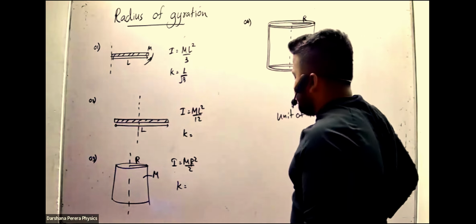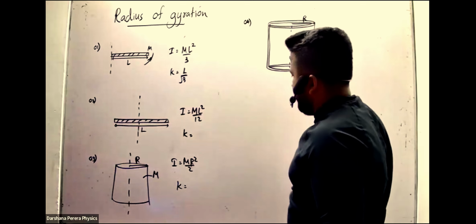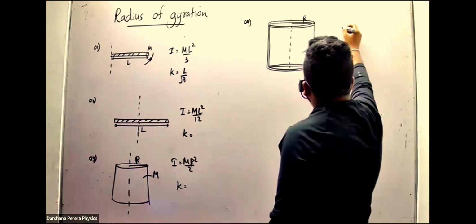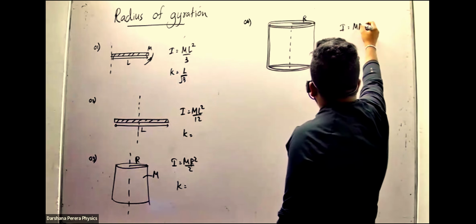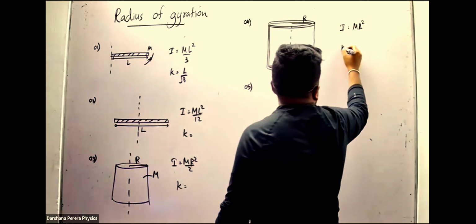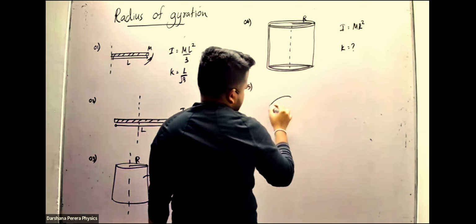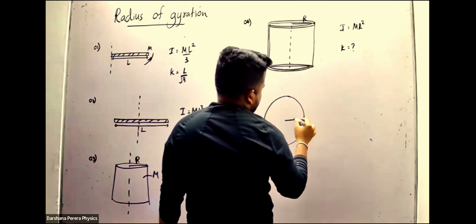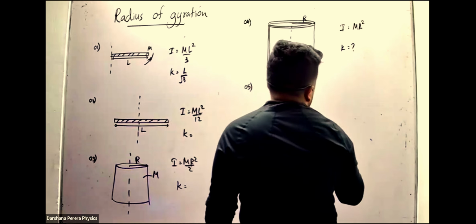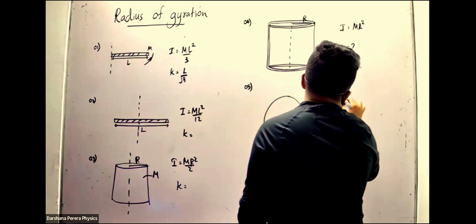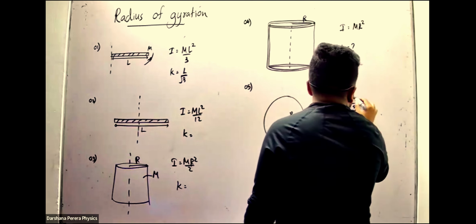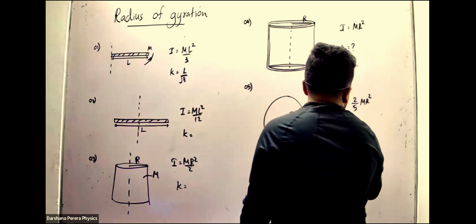We have to concentrate the mass into the K distance, right? Then find the K. I equals M R square. Number 5, find the K. The solid sphere having mass M, I equals 2 over 5 M R square. Find the K value.